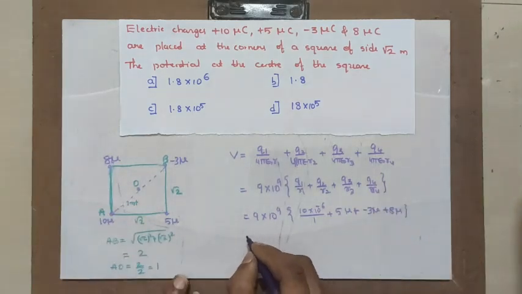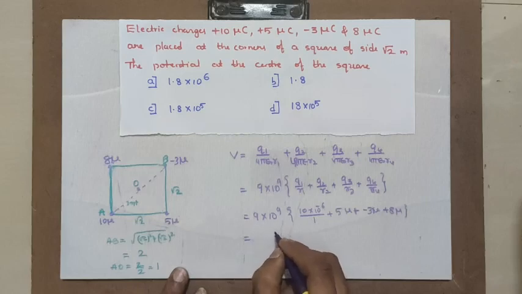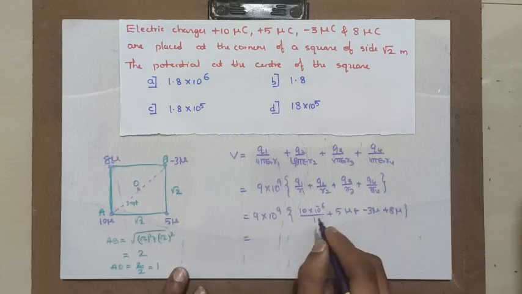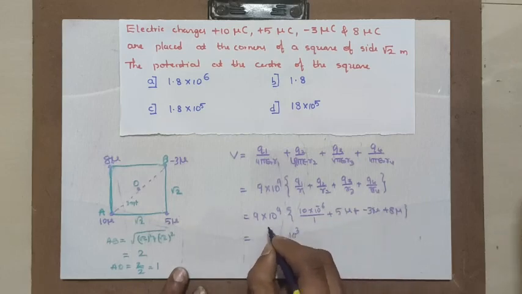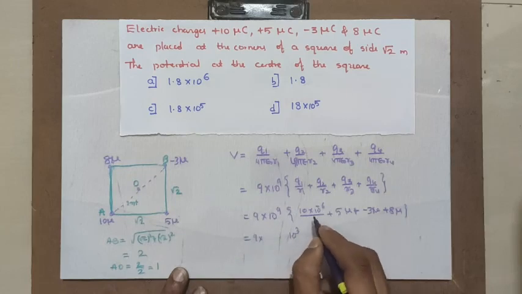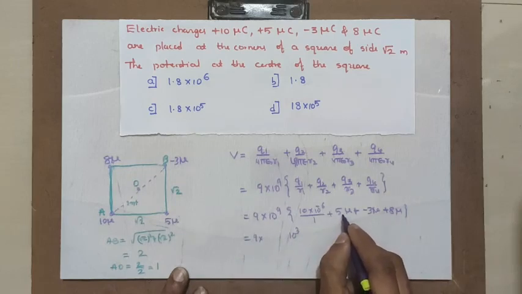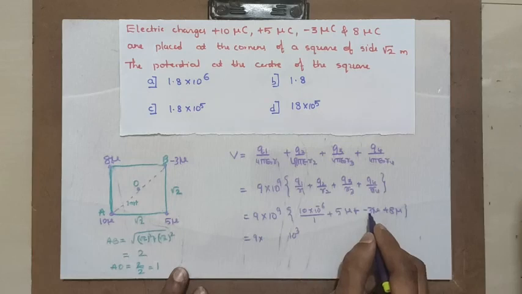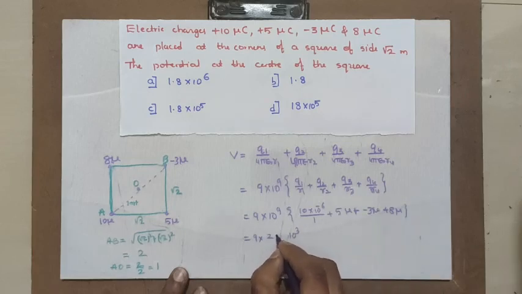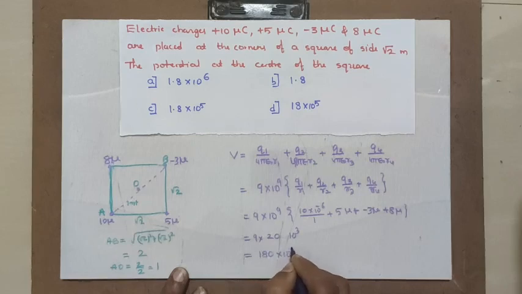That micro is common, hence it becomes 9 into 10 raised to 9, into 10 raised to minus 6, into 10 plus 5 minus 3 plus 8, which is 20. That means 180 into 10 raised to 3.